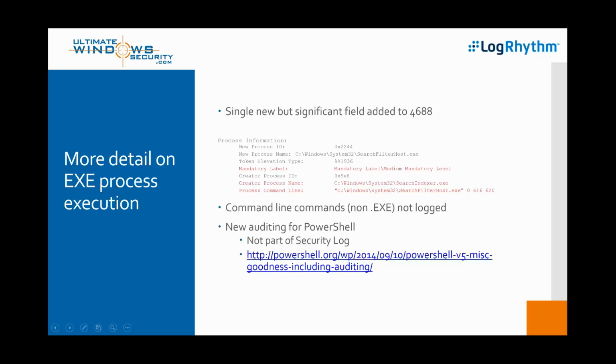those are the two new events for catching when somebody is casing out your system, finding out what other users and groups are on that system, what they have access to.